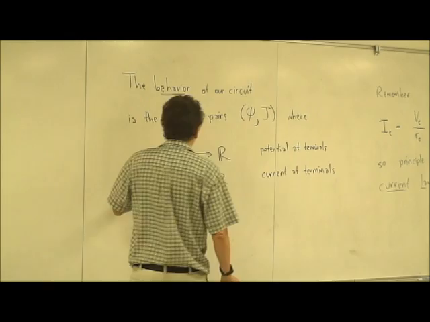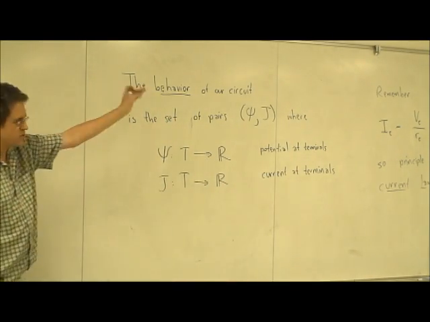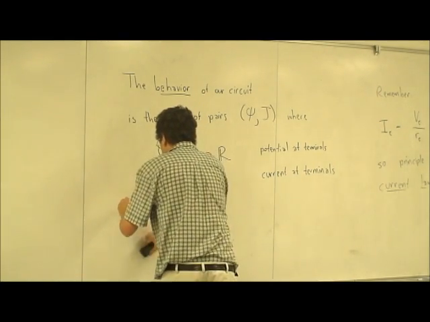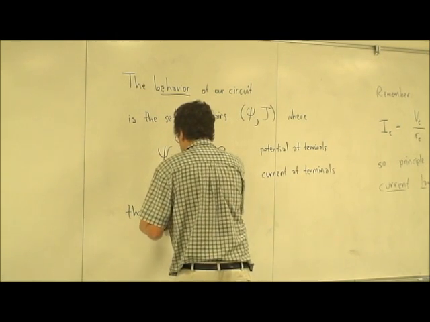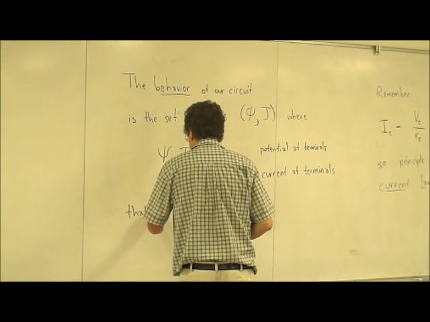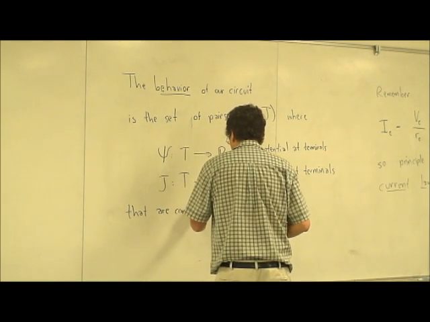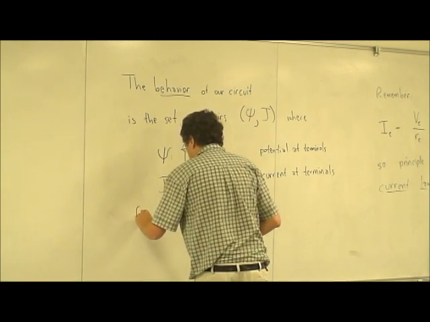So it's the set of pairs, not all pairs, but just the pairs that are allowed by the equations that we worked out. So the pairs that are compatible, sorry, I need to say it more precisely.